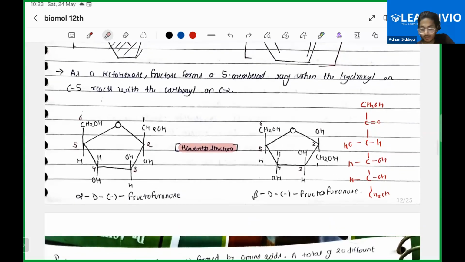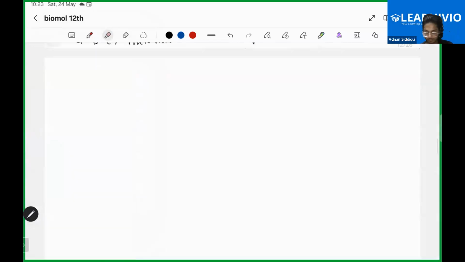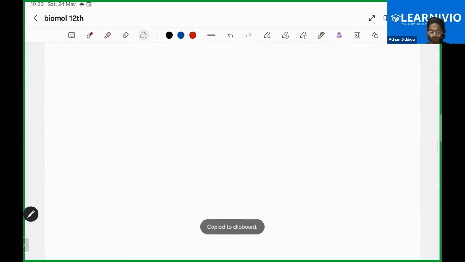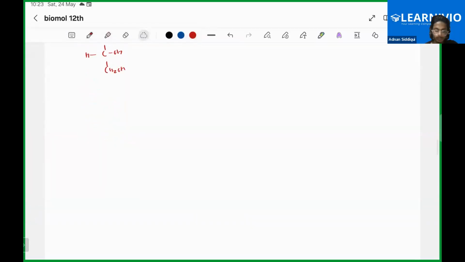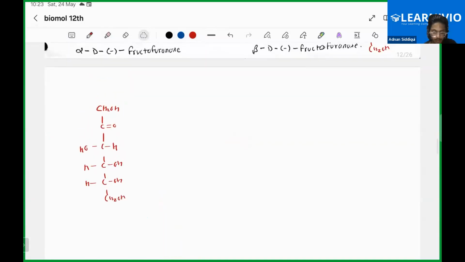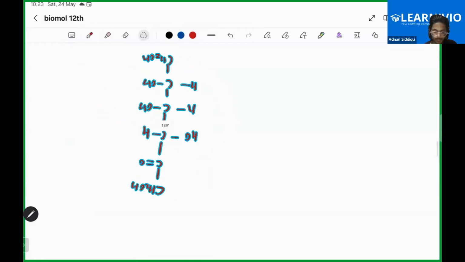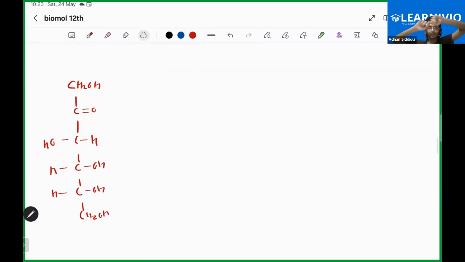So first of all, what is the first step? Here, we need to rotate it by 180 degrees. After rotating 180 degrees, we have to bend it like this.